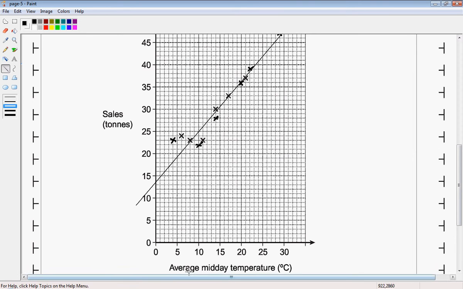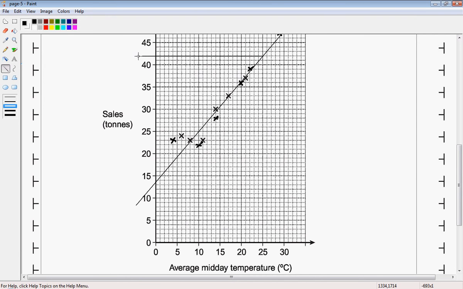So if we go to our temperature here, when the temperature was 25 degrees, okay, they sold, according to our line of best fit, about 42 tons of ice cream.